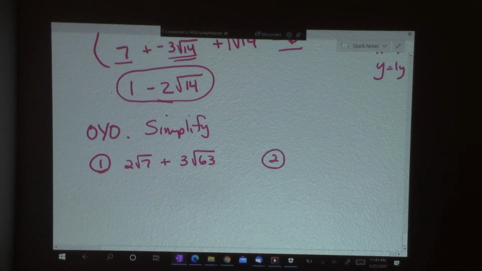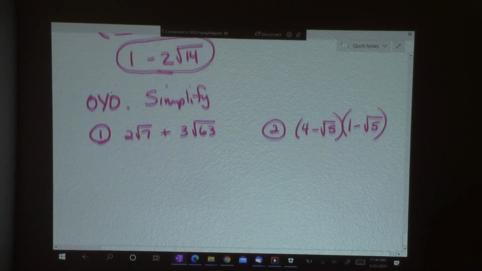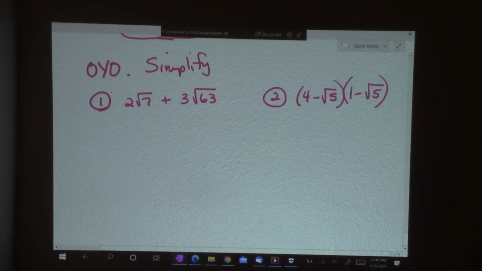And number 2, we have 4 minus the square root of 5 times 1 minus the square root of 5. Okay, so you can go ahead and pause the video and do those, and we'll come back in just a moment.